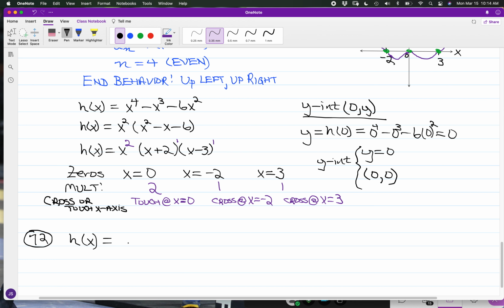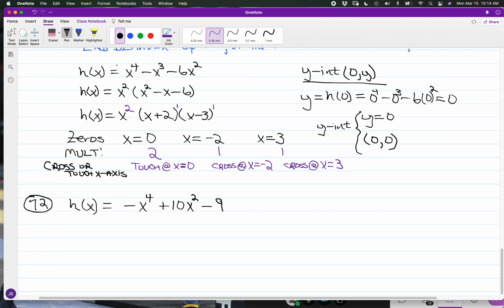For what we're going to have now, h of x is going to be the negative of x to the 4th plus 10x squared minus 9.